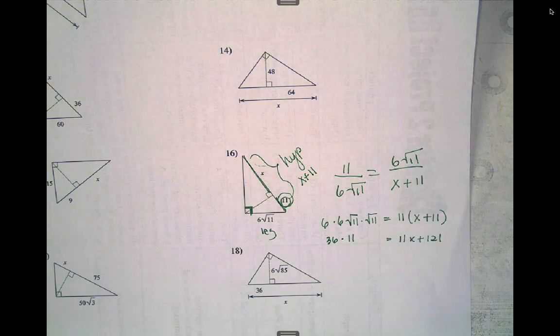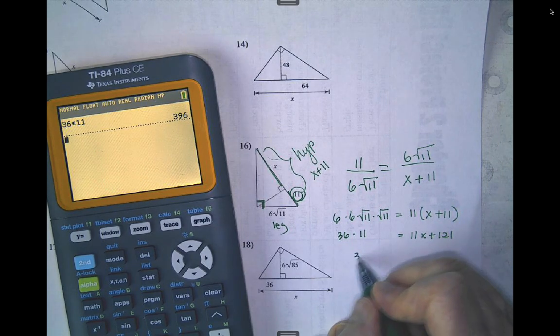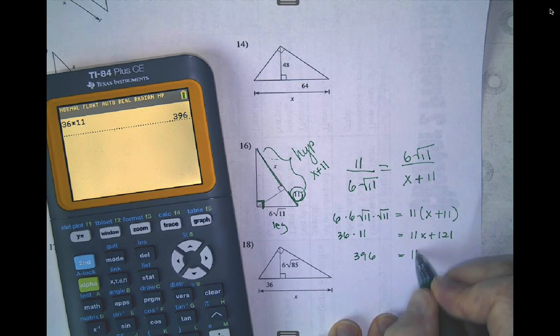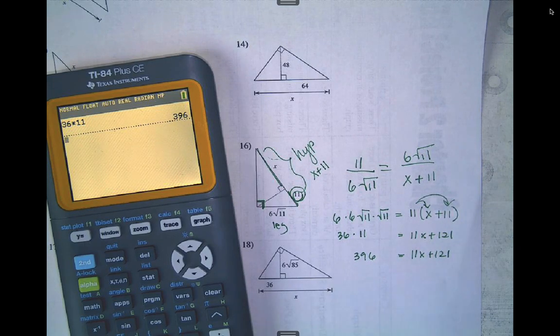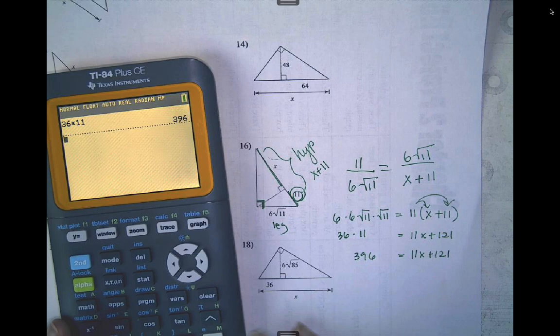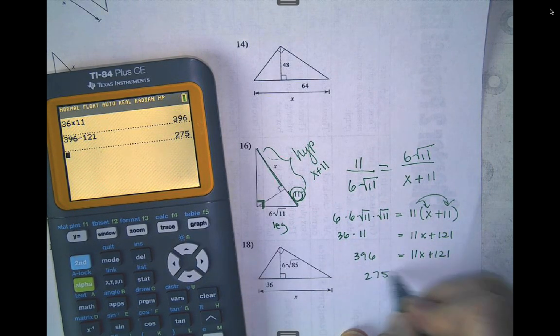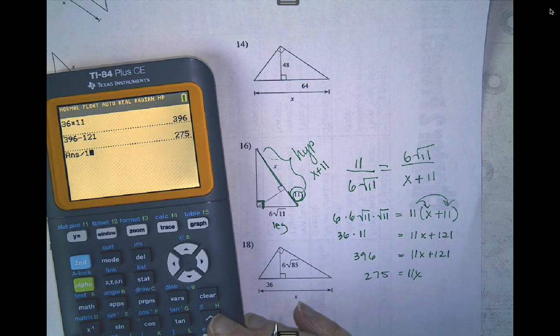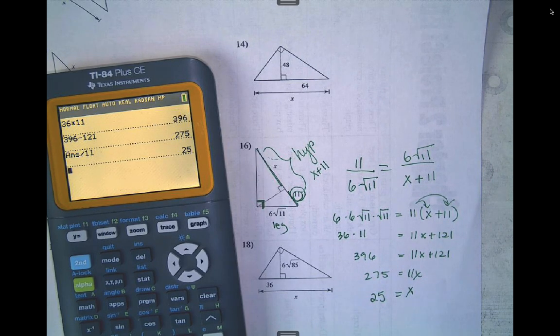And then, 36 times 11 is 396. So 11x plus 121. Remember, I distributed that 11, okay? So now I'm going to subtract the 121. Then I'm going to divide both sides by 11. So x is equal to 25. So that's what I would be trying to find in that one. Okay? So hopefully just seeing a couple more examples with that geometric mean stuff helps.